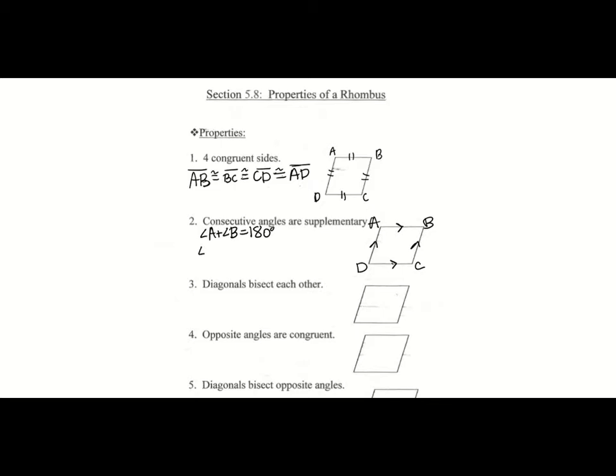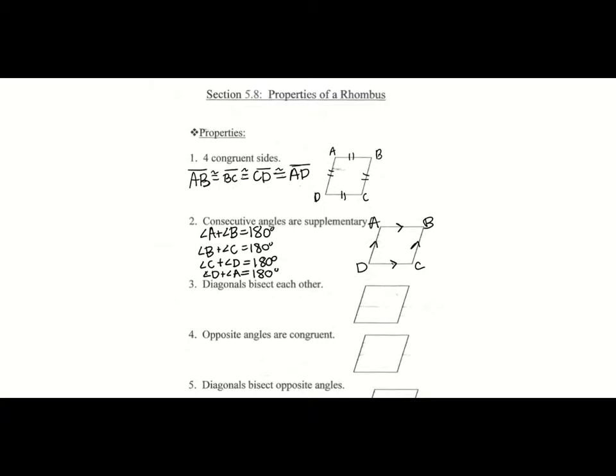Angle B plus angle C is 180. Angle C plus angle D gives us 180. And angle D plus angle A is equal to 180 as well. So all those are supplementary angles.